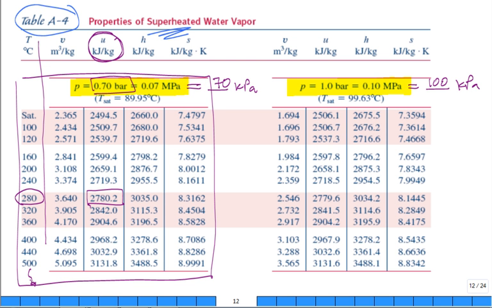Okay. The next thing is this temperature. They call it SAT. What are they doing there? Well, that value is this temperature right there. So the first row in that pressure block is for a temperature of 89.95 degrees C, which is the saturation temperature at that pressure, right?